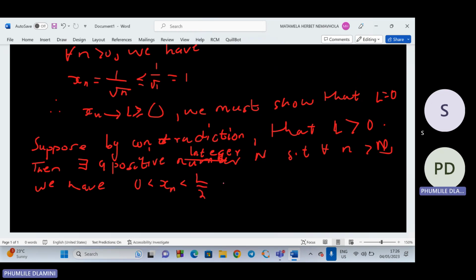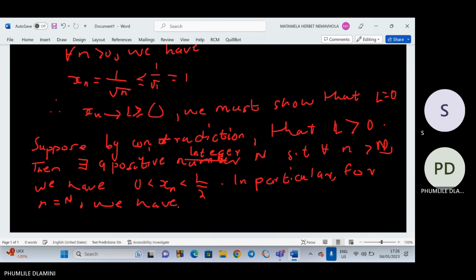So now when I say that in particular, for n equal to capital N, we have xN equal to 1 over square root of N, which is less than L over 2.